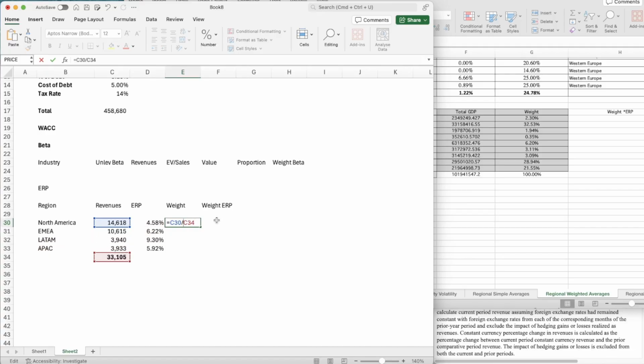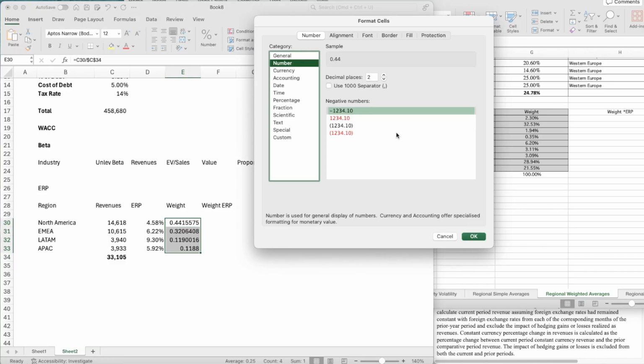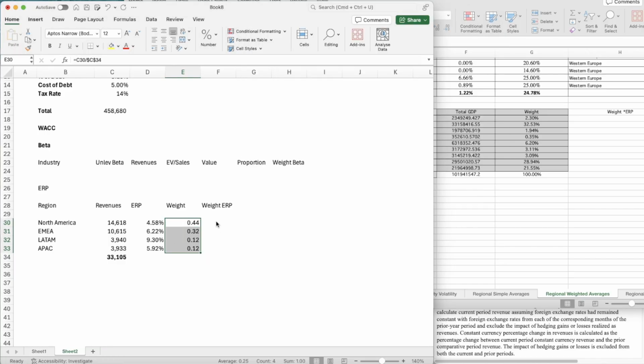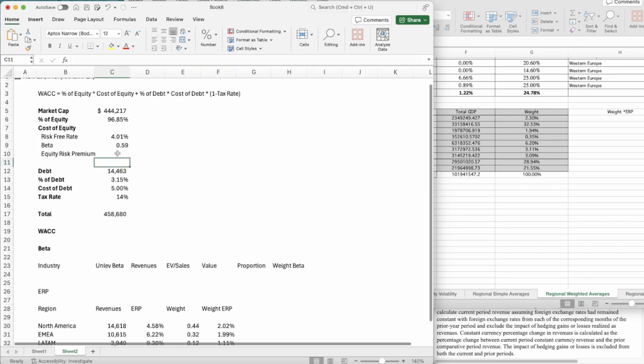Lock this one in. Pull them down. And you just do your ERP multiplied by the weight. Pull it down. Equals sum. There we have it, 5.83%.